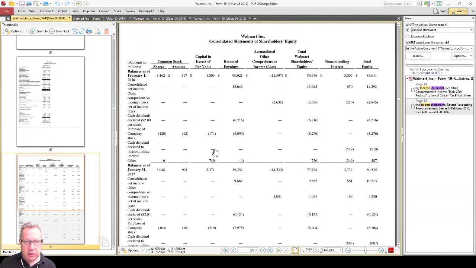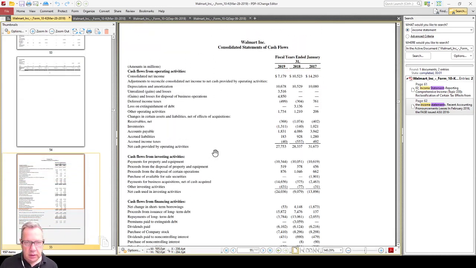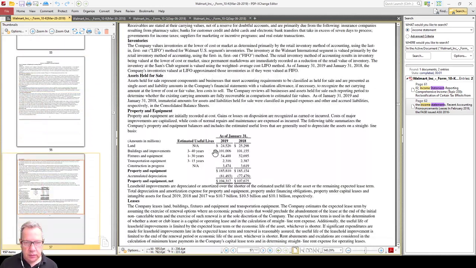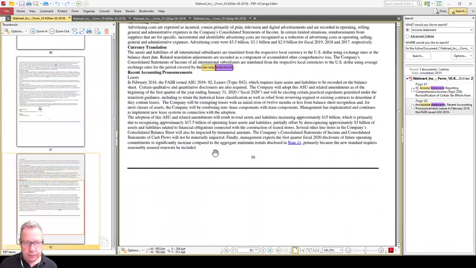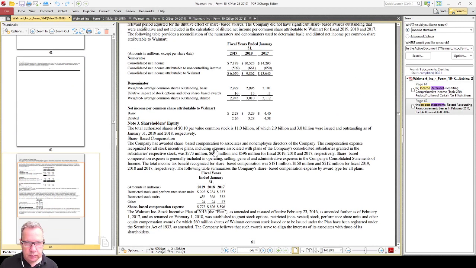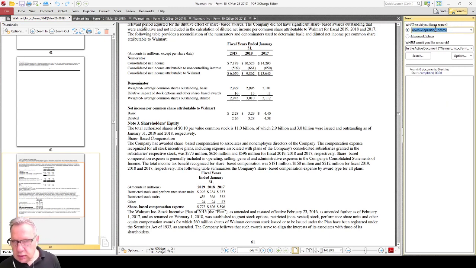Okay, consolidated balance sheet, and consolidated cash flows. Sometimes when I'm searching for this, I'll just search for terms that I know. Revenue, operating income. Okay, so this is obviously searching for the same word. I didn't realize that. Maybe advanced.